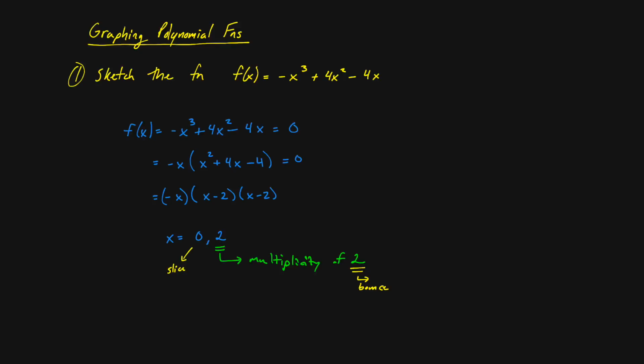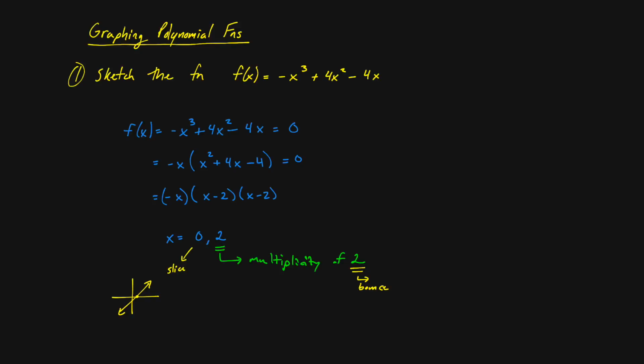Now, what does that mean? I usually like to refer back to my base functions. A slice, you can consider y equals x: we go through the x-axis at a sharp angle, like a slice.